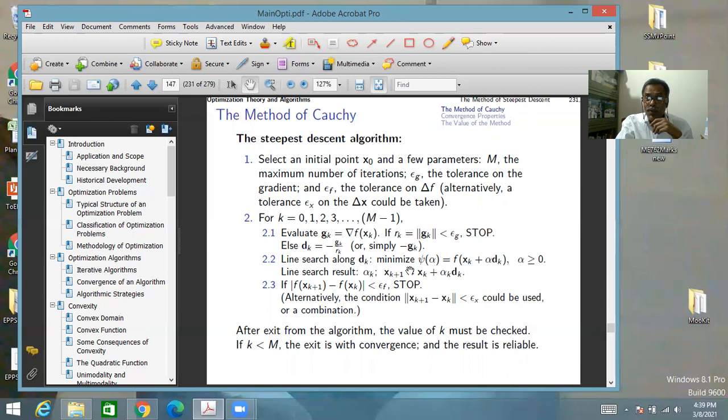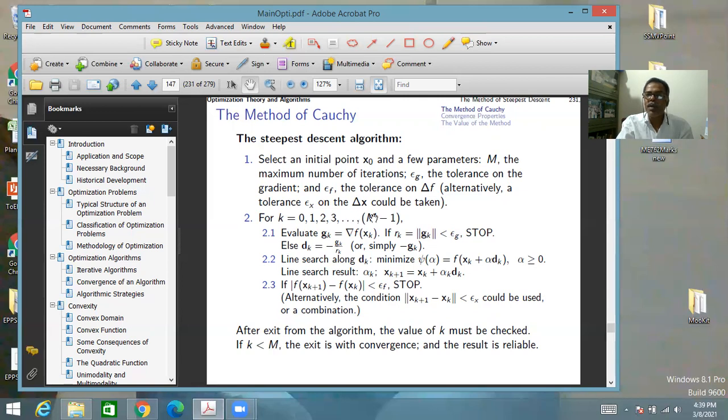Now, after you complete this and come out, you should check whether the number of iterations exceeded the limit that you have put. I mean, you should check if the exit was forced or because of convergence. So if k is less than m, that means exit was normal.